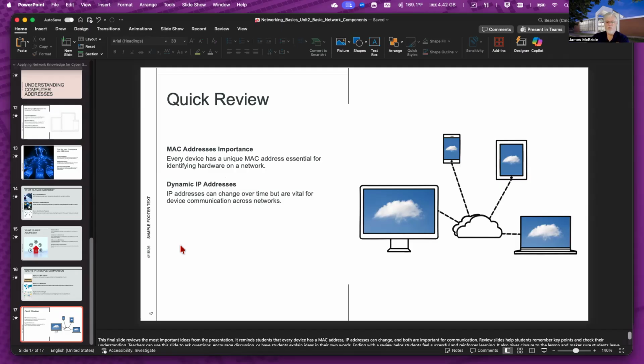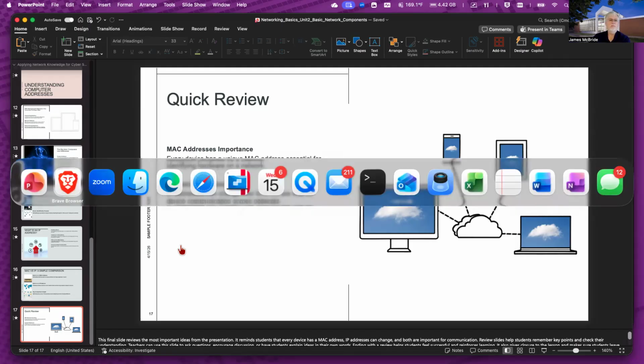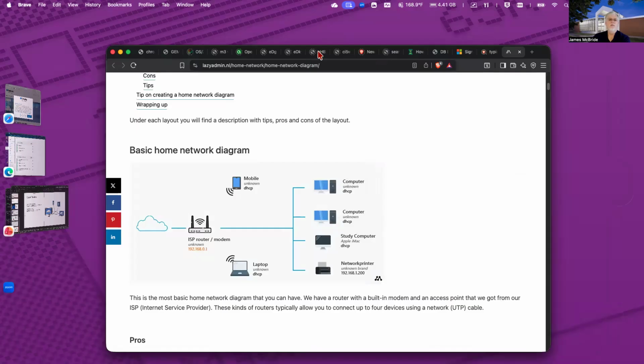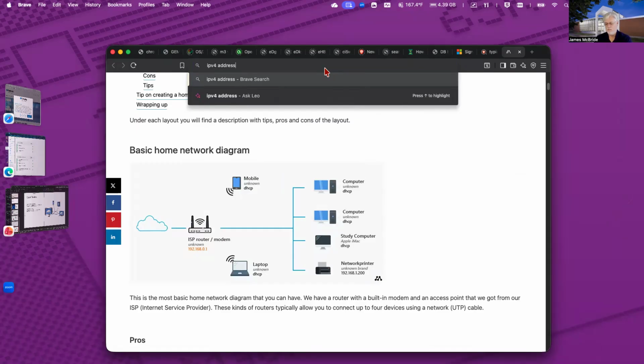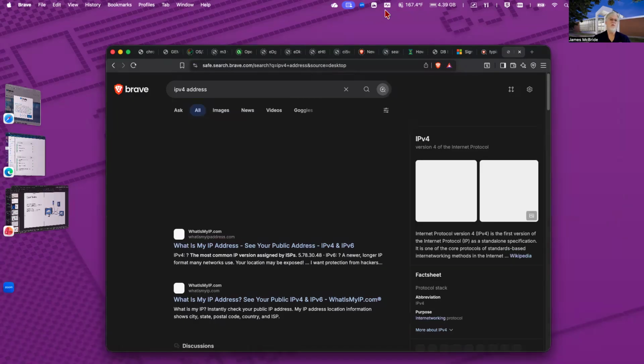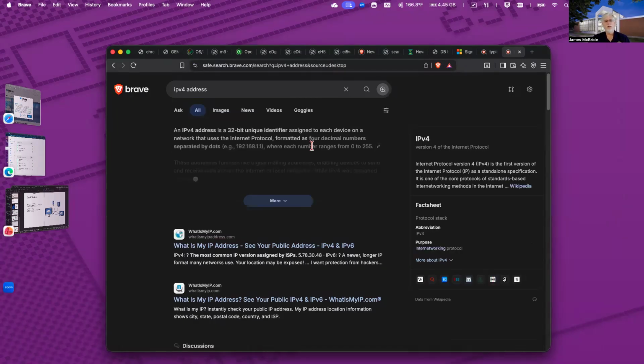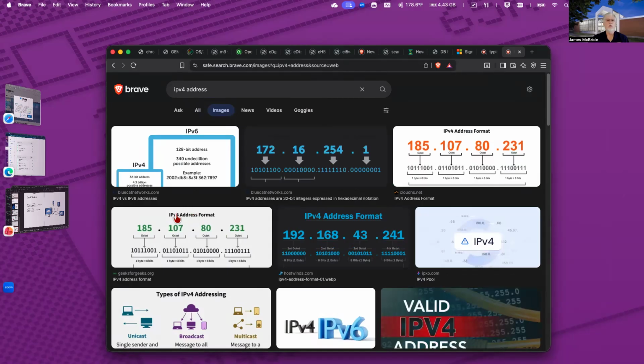All right, let me switch over to Brave here. I use several different browsers, and we will look up an IP version 4 address. With IP version 4, we're not going to get into all those technicalities of what it's doing and what it's not doing and the fact that it's really old. We just want you to see what it looks like.